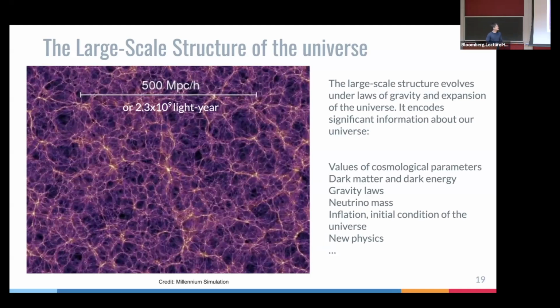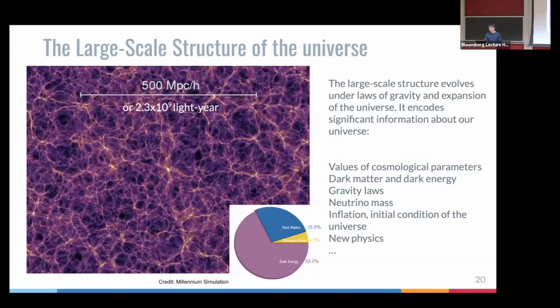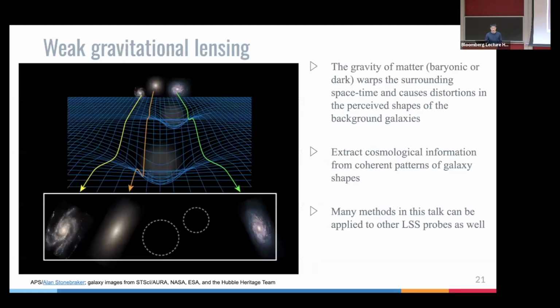Here, basically, I'm showing the large-scale structure of our universe. We see it's highly non-Gaussian and it encodes very useful information about our universe. There is a lot of physics we can do with it. But we cannot directly observe dark matter; we can probe dark matter or the large-scale structure through its gravitational effect.